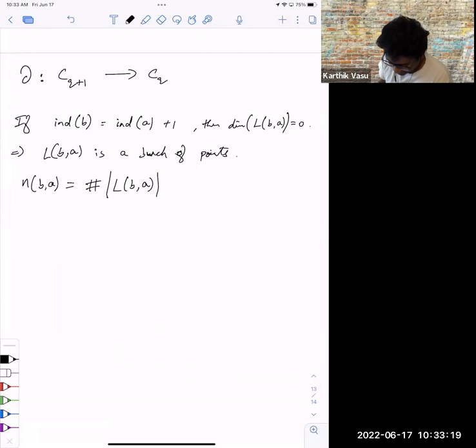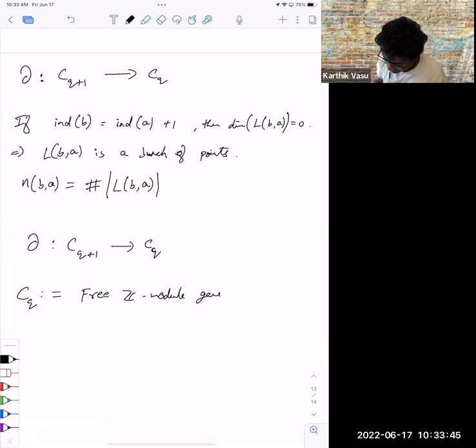Now that you have this number, I can define my complex which I wanted. So the complex will be defined as C_q is defined to be the free Z module generated over critical points of index q.